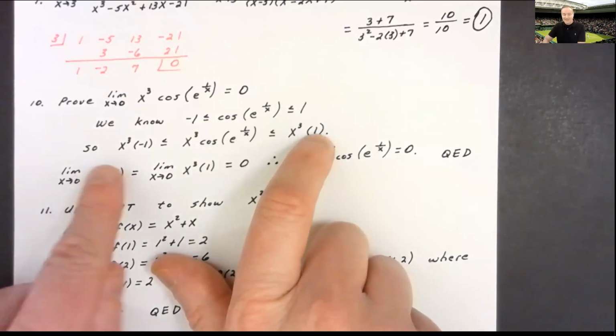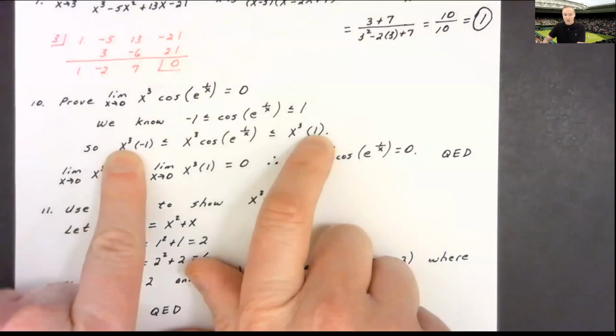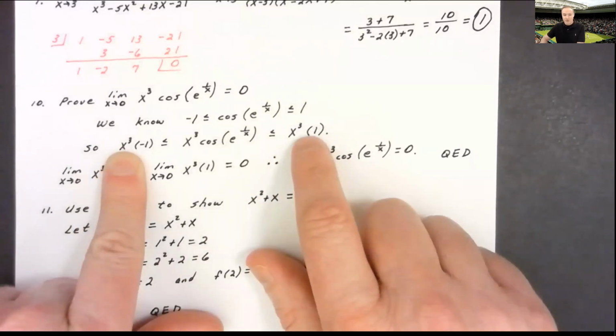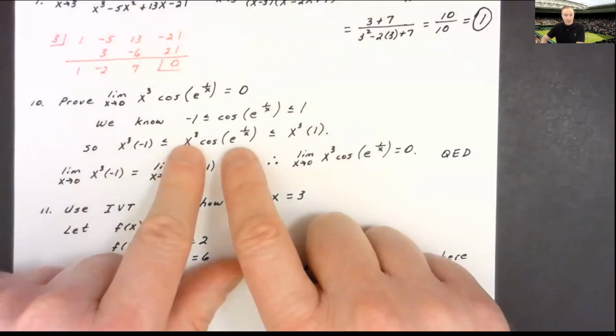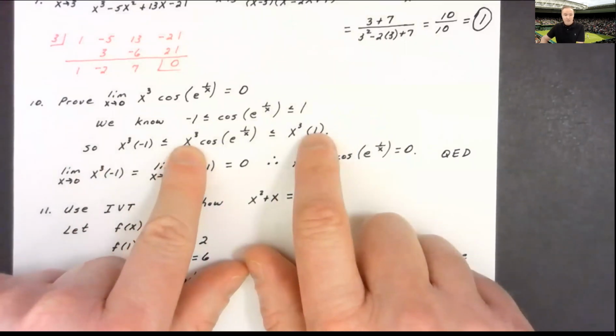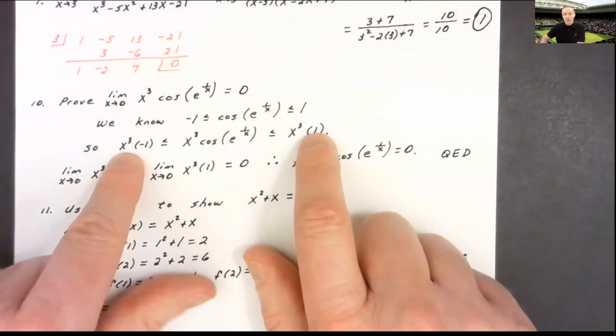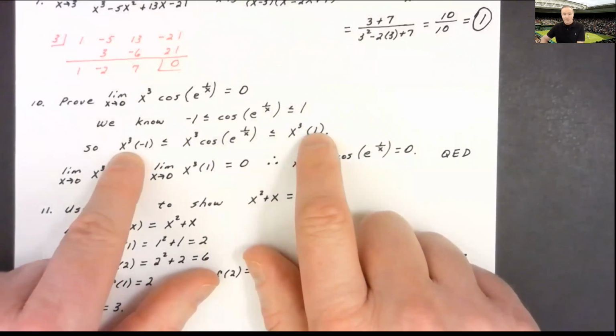So now this has established our small function and our large function. Our function in between, it could be as large as this one, it could be as small as this one. Most likely it's somewhere in between the two.